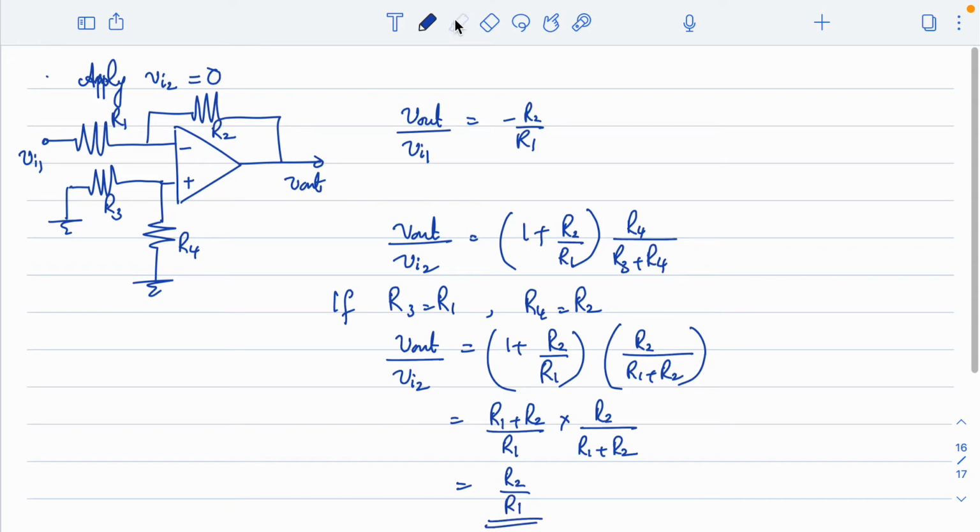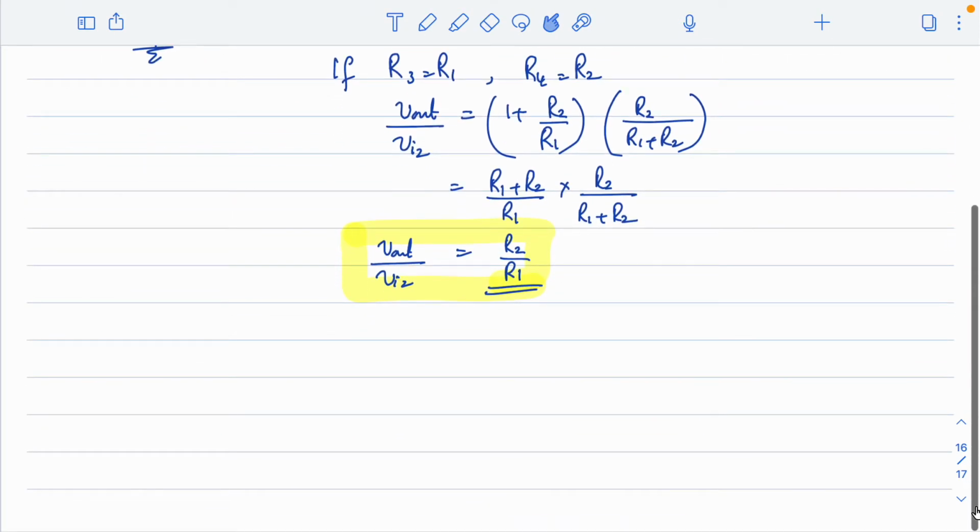So I can write Vout by Vi1 is minus R2 by R1, and similarly here Vout by Vi2 is equal to R2 by R1. Is this clear? Now if I have Vout by Vi1 and Vout by Vi2, what I need here is differential amplifier. So how will I write the differential amplifier?